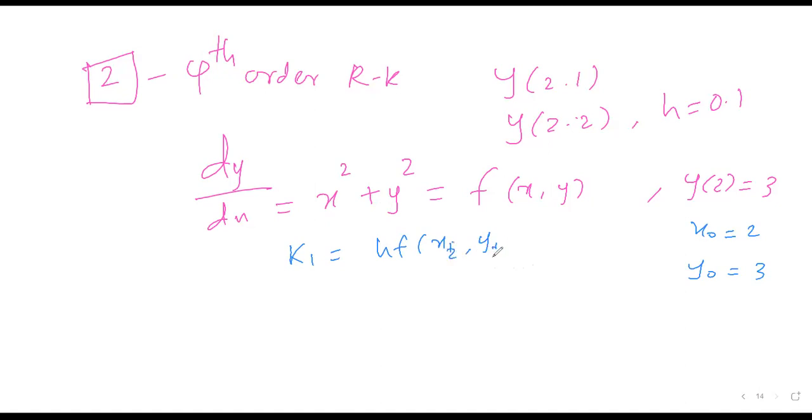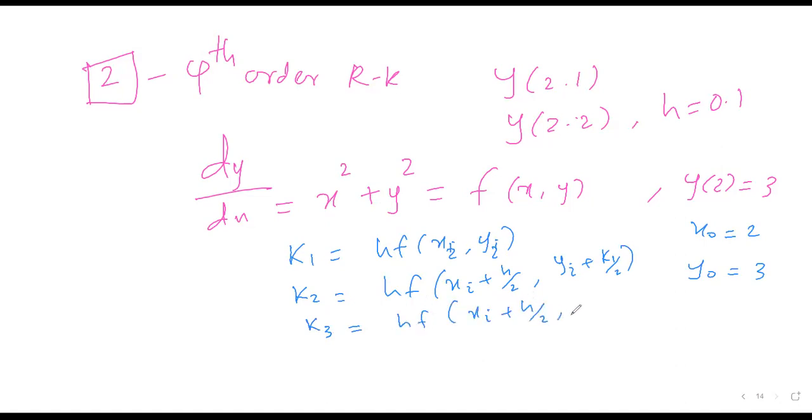Okay, now let's compute the K1, which is H of F of Xi, Yi. Similarly, K2 is equal to H of F of xi increased by h by 2, yi increased by k1 by 2. Similarly, k3 will be h f of xi plus h by 2 same, but here we take k2 by 2.